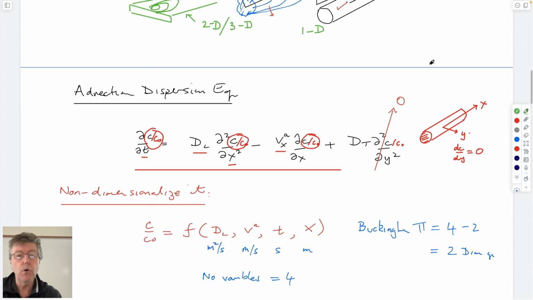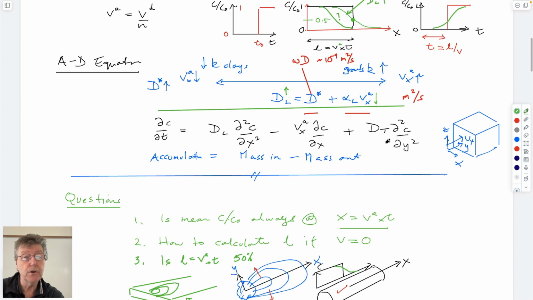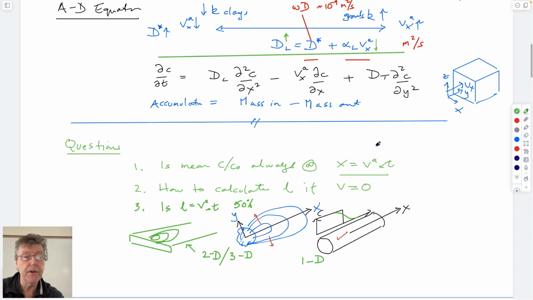So what we'll do is take this advection-dispersion equation and play around with it. This is really, I suppose, at least 2D, because it has behavior in X, but also in Y. So in this geometry here, this would be the X-axis, and this would be the Y-axis.